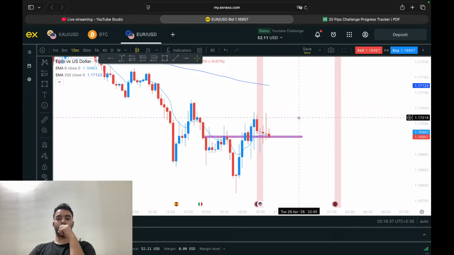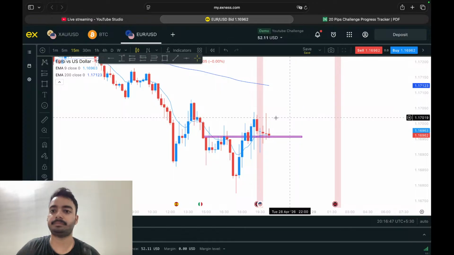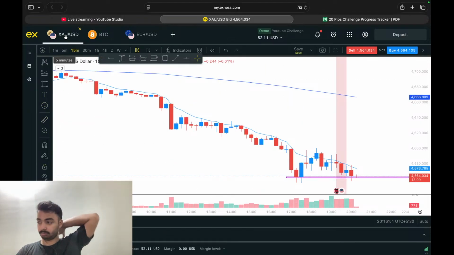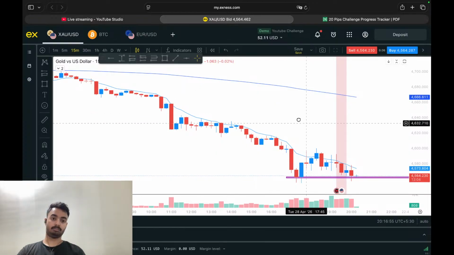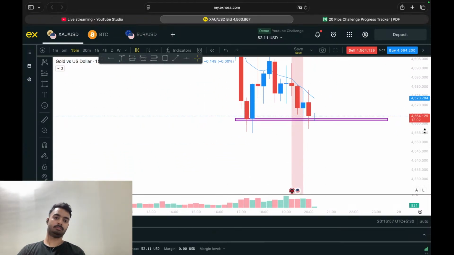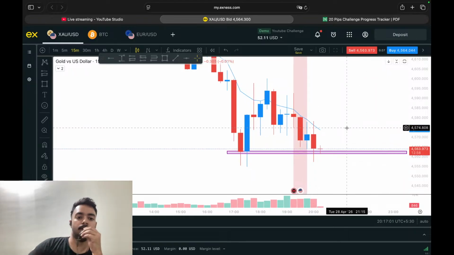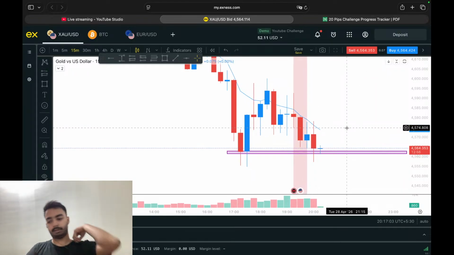I'll next switch to gold to check the possible setups. Gold is testing this support.